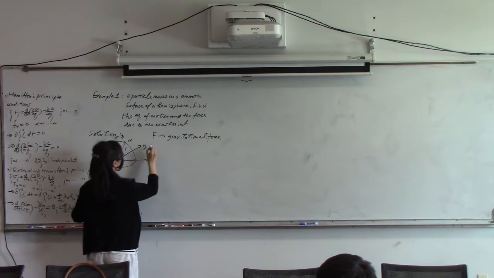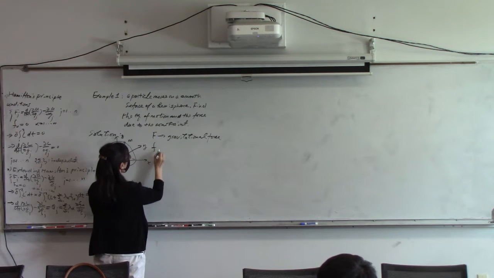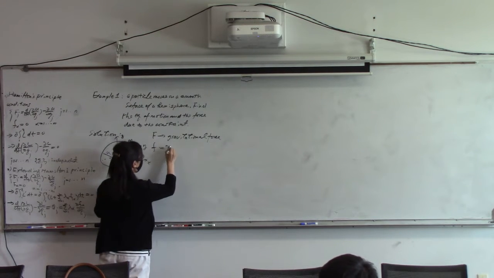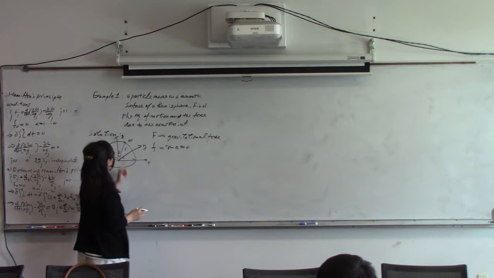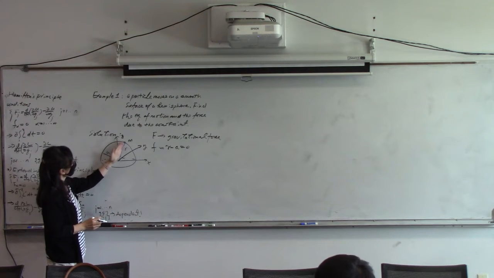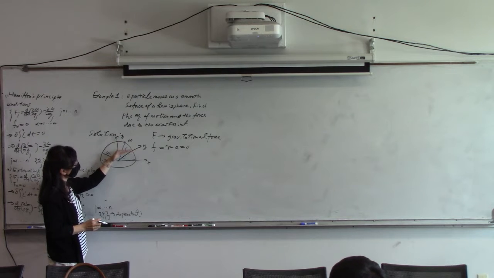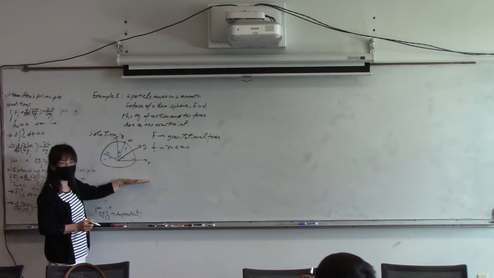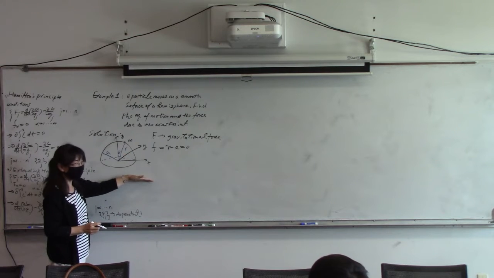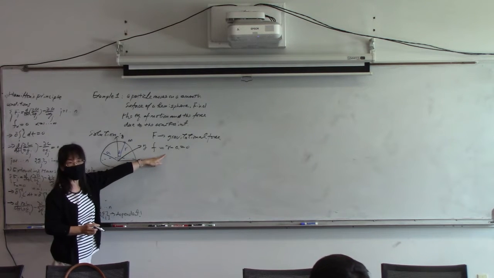Then the constraint, right? In this case, we only have one: r minus a equals 0, because the particle always moves on the surface of this sphere. Of course, this is considered before it leaves the surface, right? Before the particle leaves the surface, it always satisfies this.